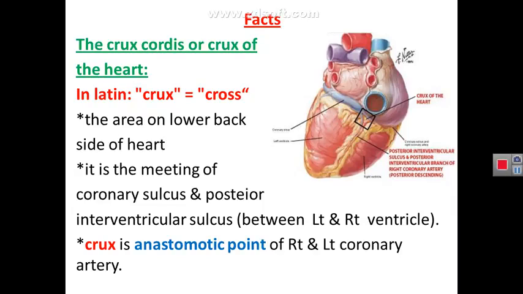This point, the crux, derived from the Latin word crus, is considered as the region where the left coronary artery anastomoses with the right coronary artery, the crux cordis.